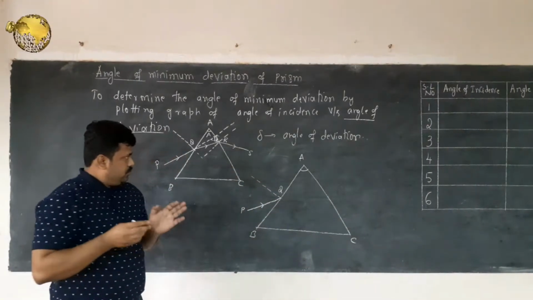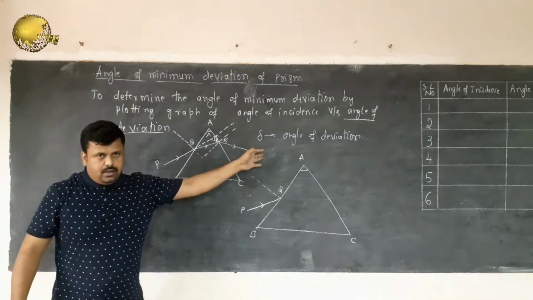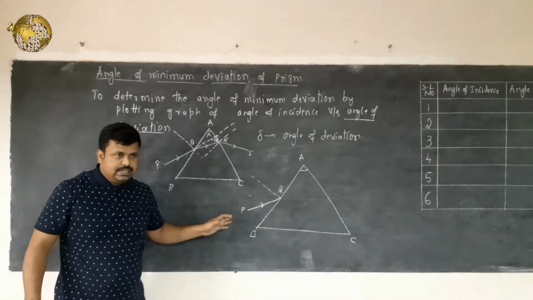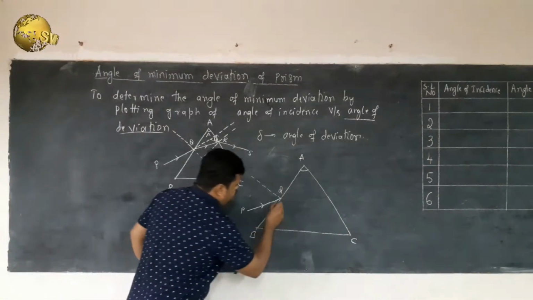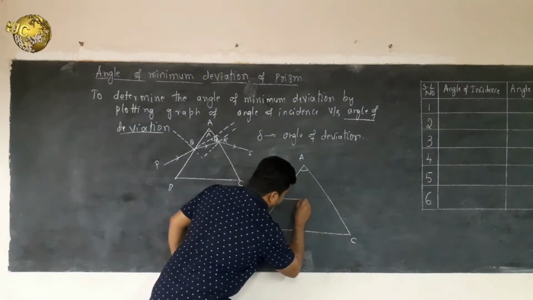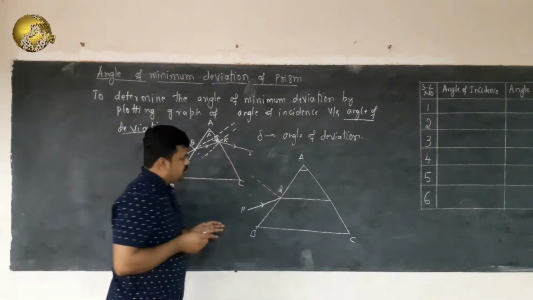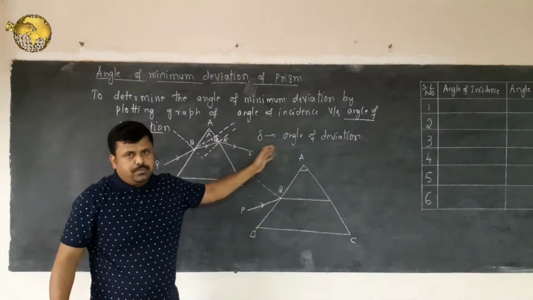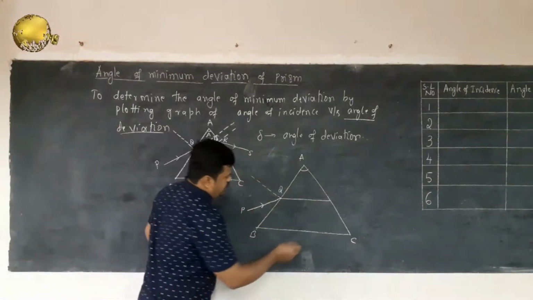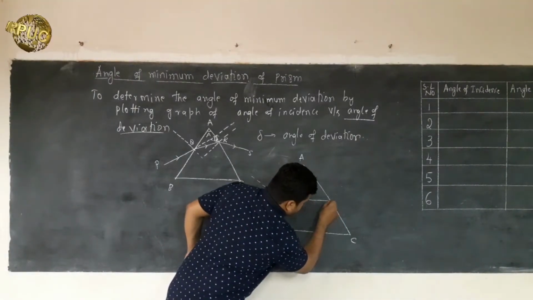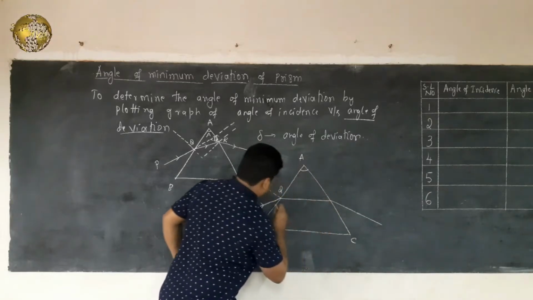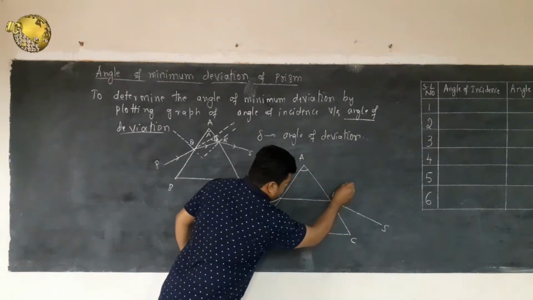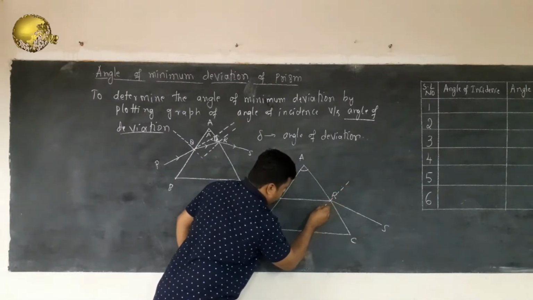The angle of deviation delta becomes the angle of minimum deviation when the incident light refracts and passes parallel to the base of the prism, and comes out. Let's name it PQRS. Here also take a normal to the surface.